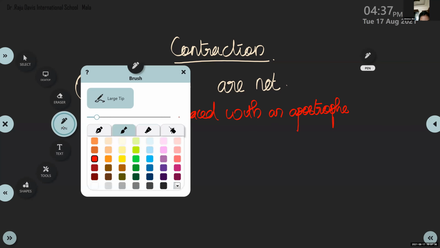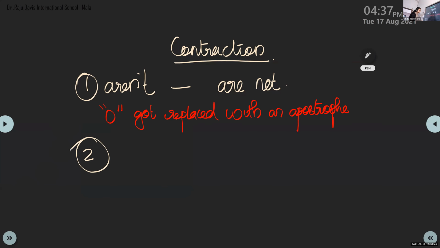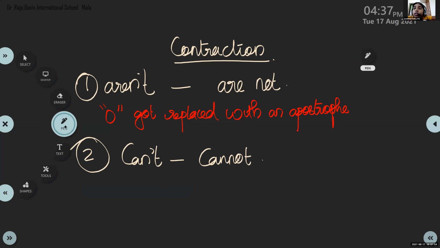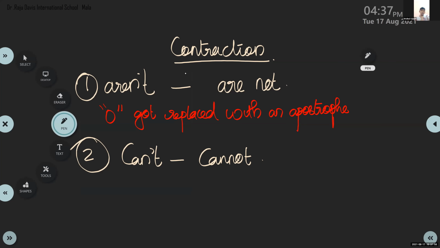Yes. Then which is the second example? Can't. Can't is a contraction of cannot. And which letters got replaced here? Look carefully and tell me.